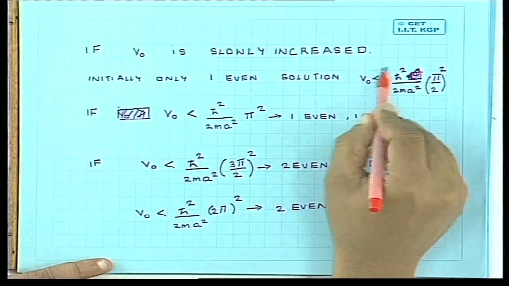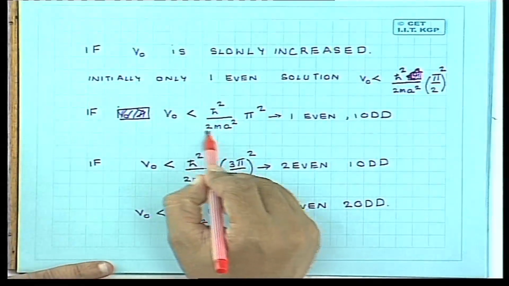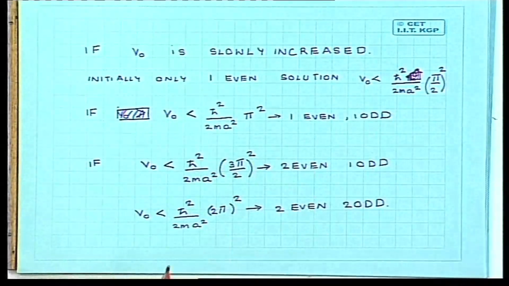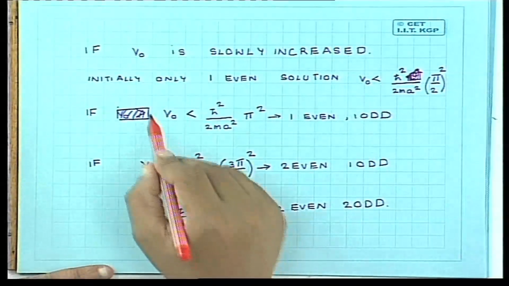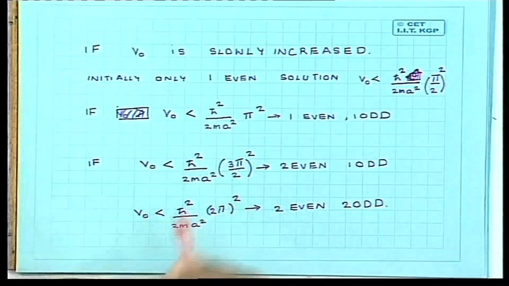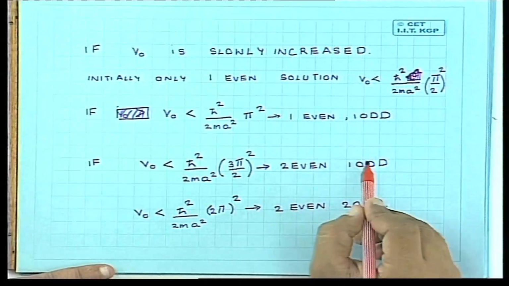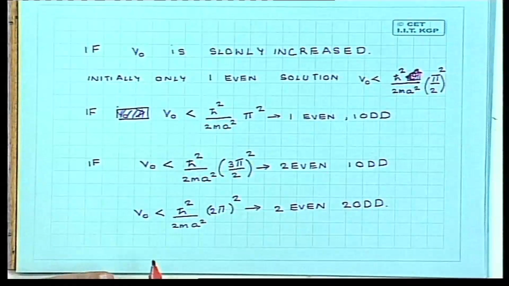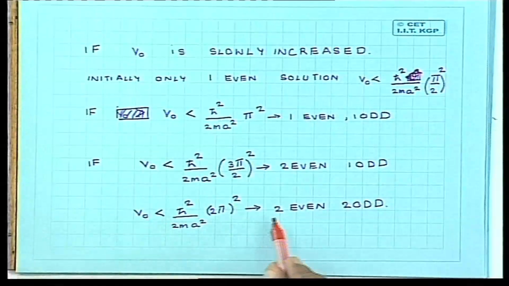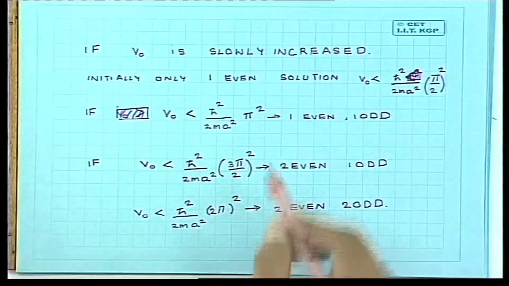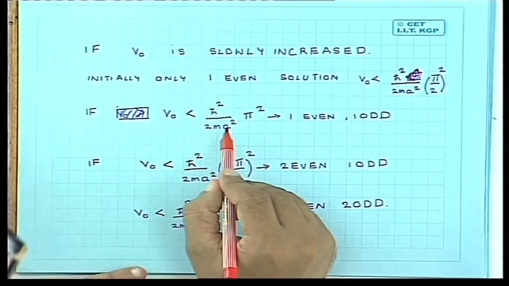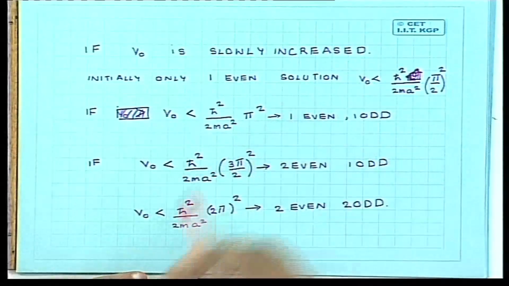If the potential crosses this value, but is less than this value, you will have one even, one odd solution. If you keep on increasing the potential and it crosses this value but is less than this value over here, then you will have two even and one odd. And if you keep on increasing further, then you will reach a position where you will have two even and two odd solutions.